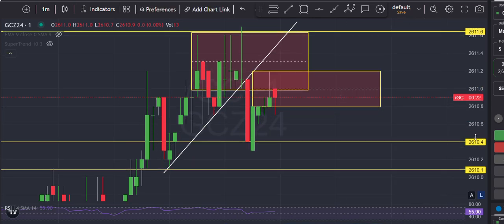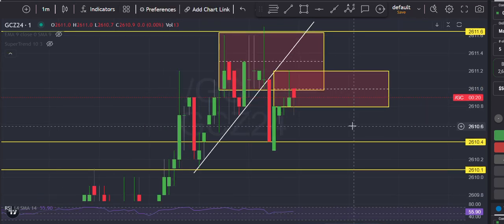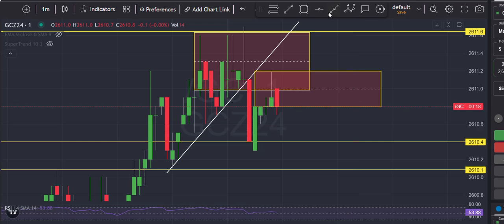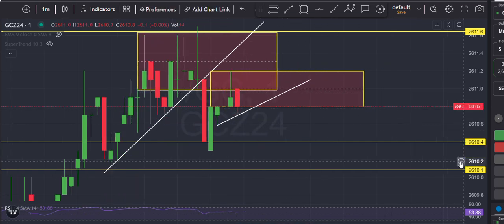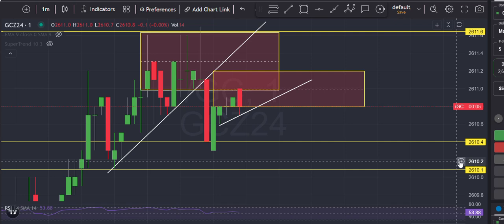I hope you guys are seeing this as clear as I am. And then I would have my trend line. I'm only connecting these two right now because that's what I want to connect.